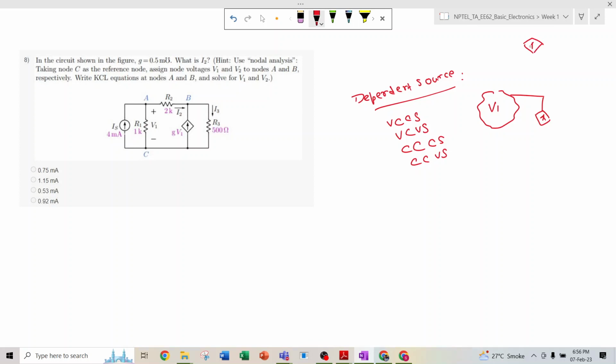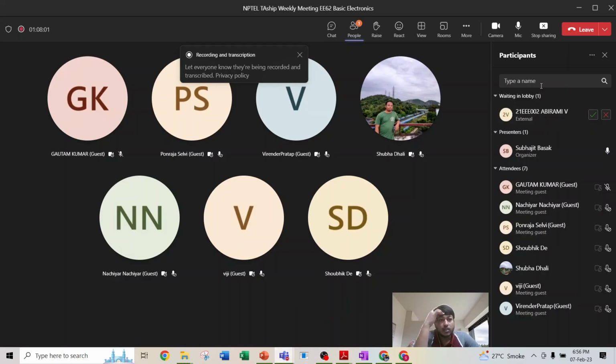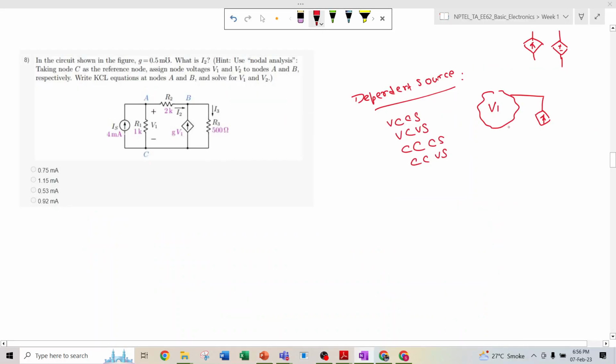If it is a current source, then we will consider this symbol, and if it is a voltage source, then we will represent it with this one. So basically this is a current source.